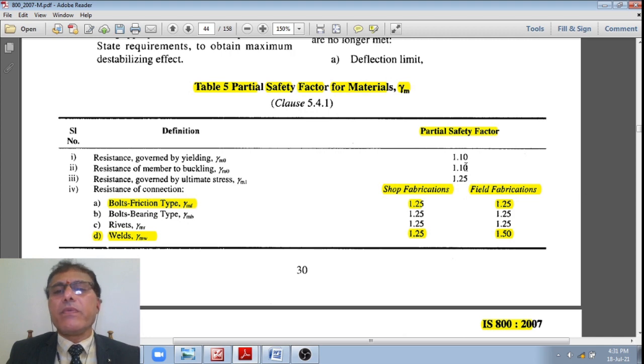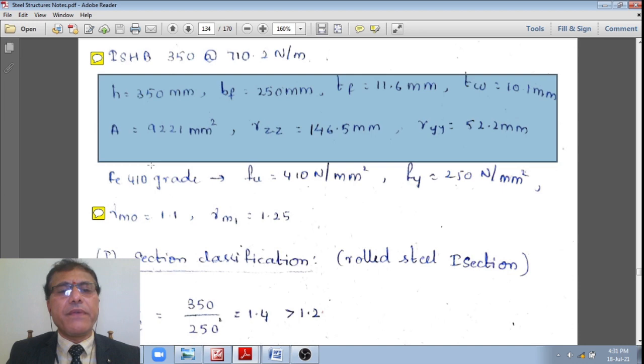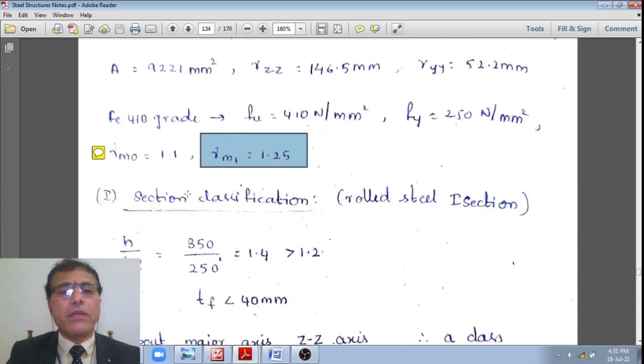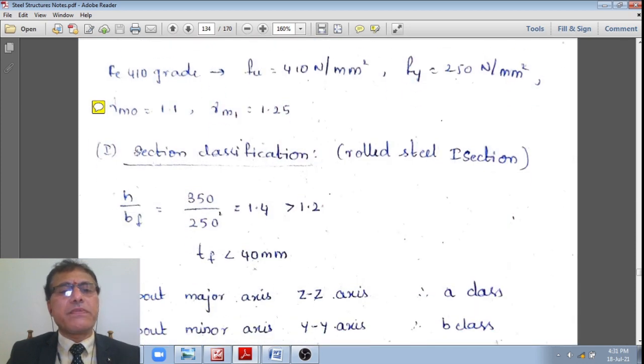Therefore, this is how I am recalling these partial safety factors from this table 5, student, right? The partial safety factor gamma m0 against yielding is 1.1, and for ultimate stresses the partial safety factor is equal to 1.25. Therefore, I recall the data from the codal specification.